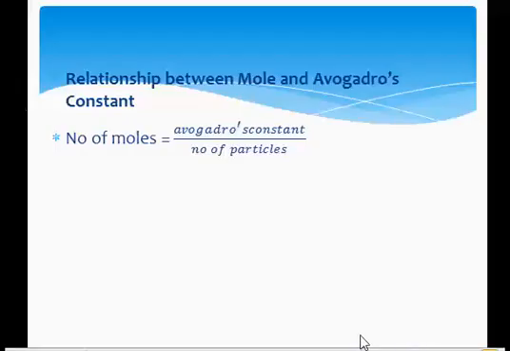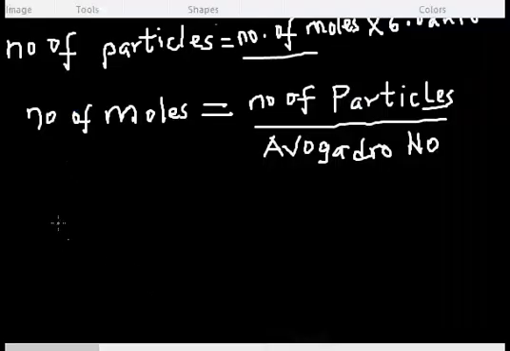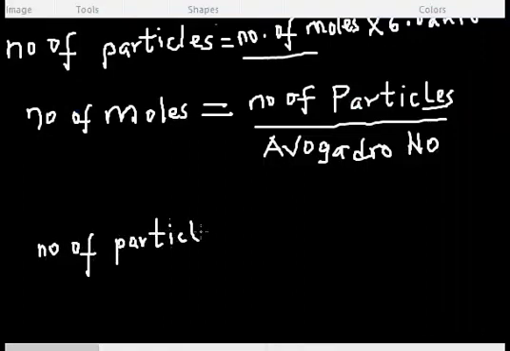Let's look at a typical example. For example, how many particles are contained in 2 moles of a substance? So simple. The number of particles that you can get in 2 moles of a substance is just going to be 2 times 6.02 times 10 raised to the power of 23.